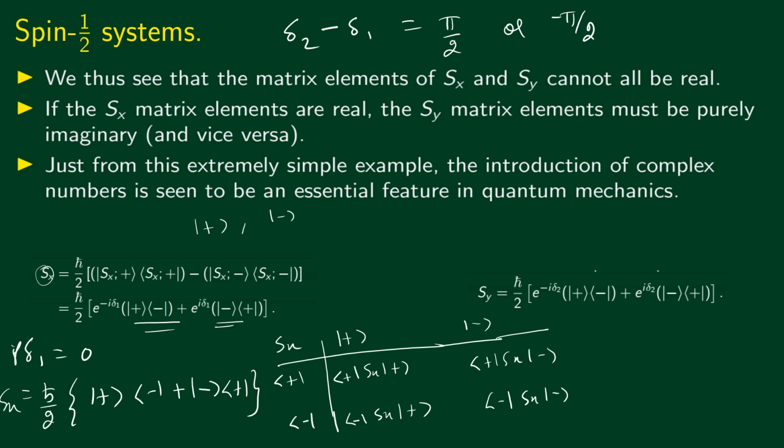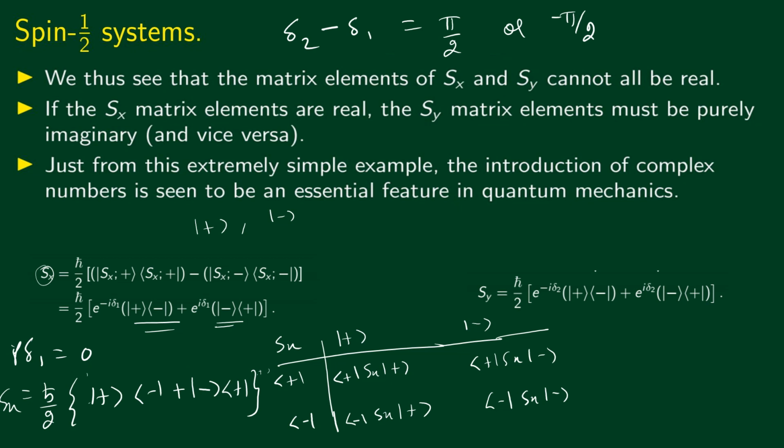In this case all these matrix elements are real. For example, let's calculate the first matrix element. You sandwich this between bra plus and ket plus, and you'll see that it will be 0, because the combination of bra minus and ket plus will be 0. Similarly, this ket minus will be killed by the bra plus on this side because of the orthonormality.